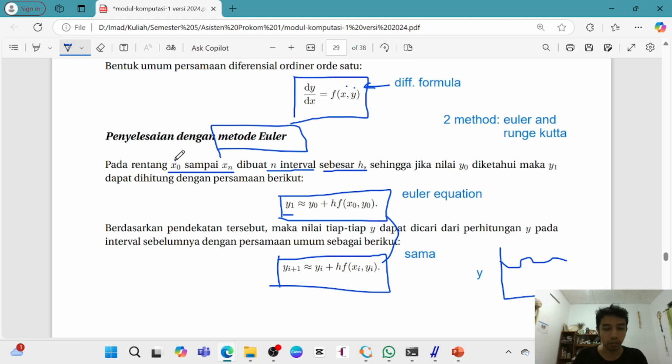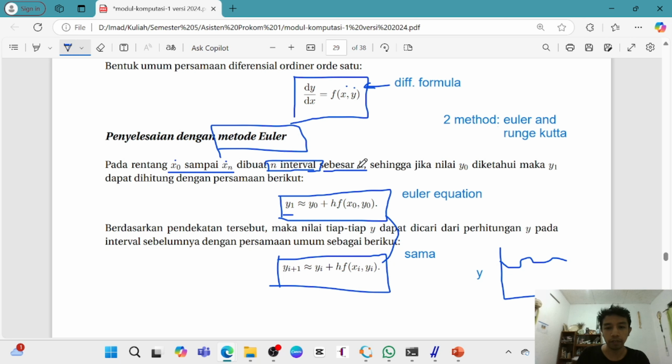Now we have x0. X0 is the starting x. Then we have xn. Xn is the final x. Then we have n, the interval.